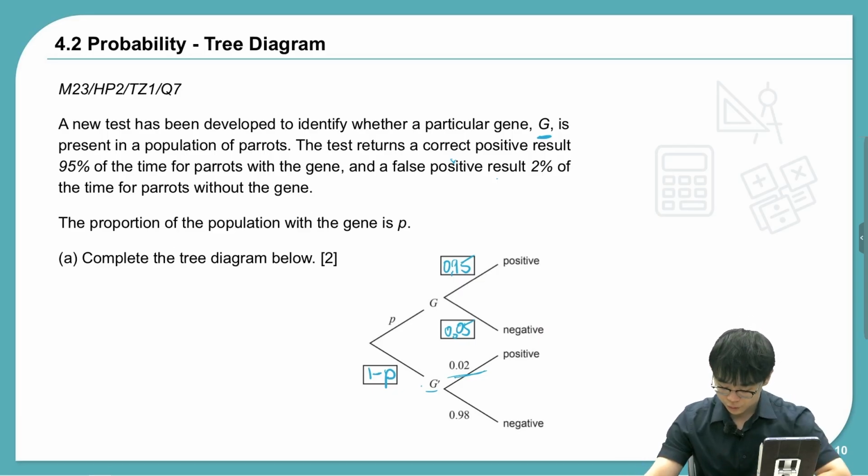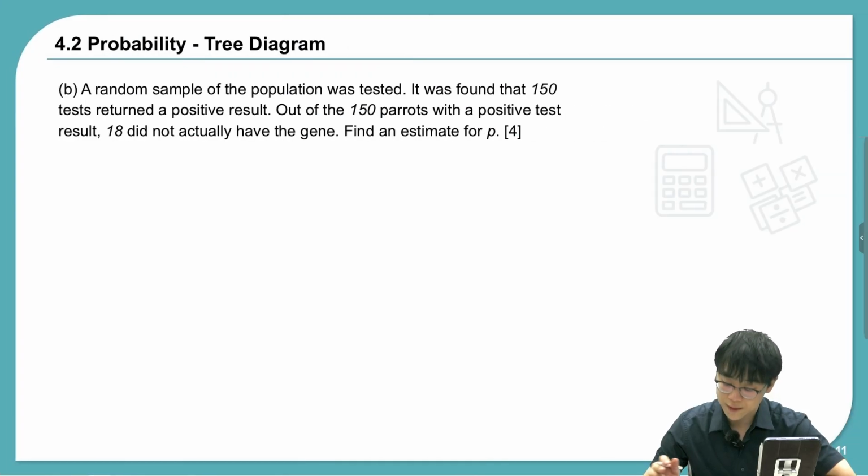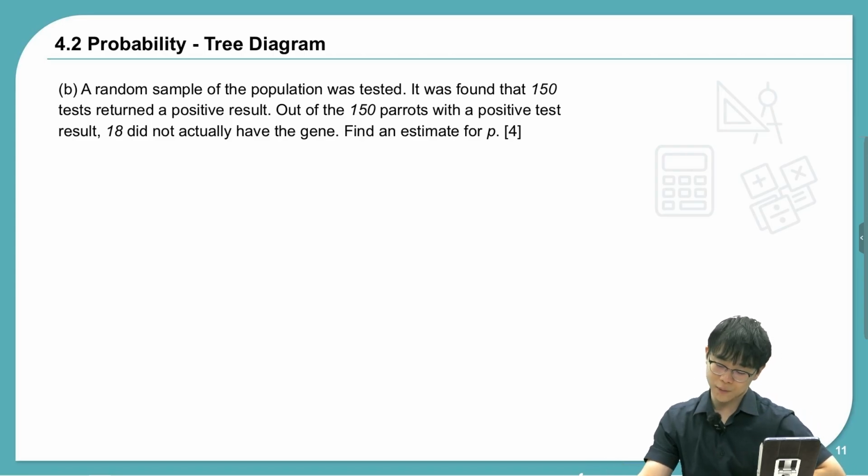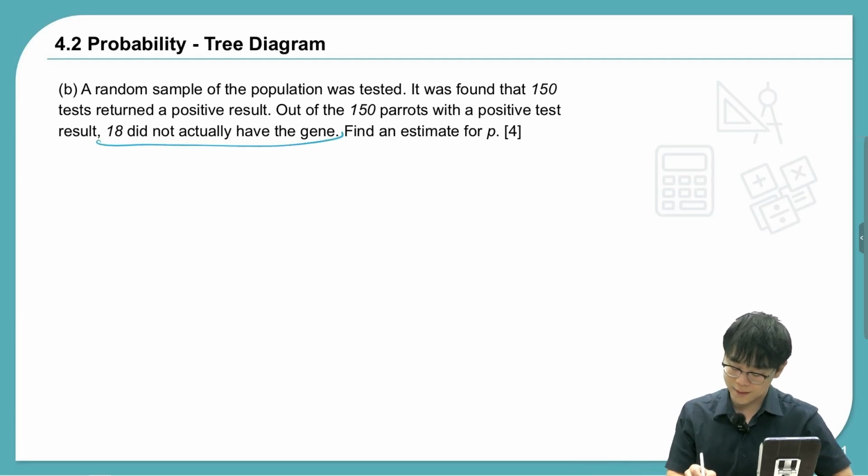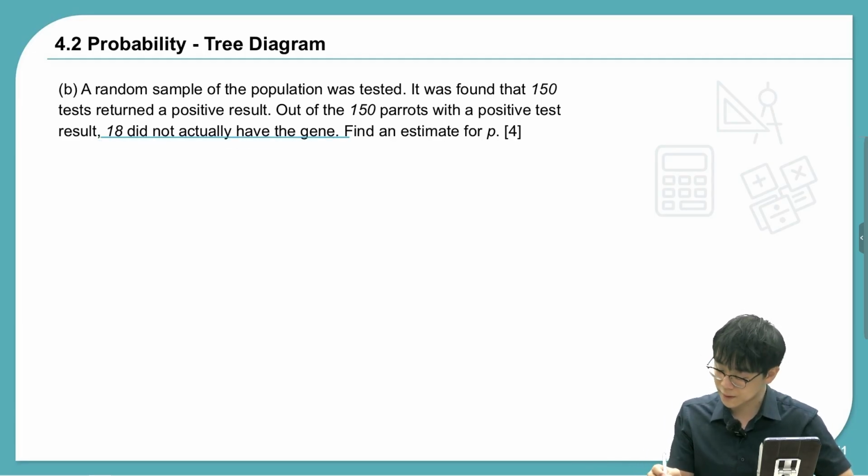Okay, so this would be the tree diagram. And I guess this would come in handy for the next problem, because we have a conditional case. So there's 100 test results that returned positive, right? And we want to find what P is based on the test results, right?